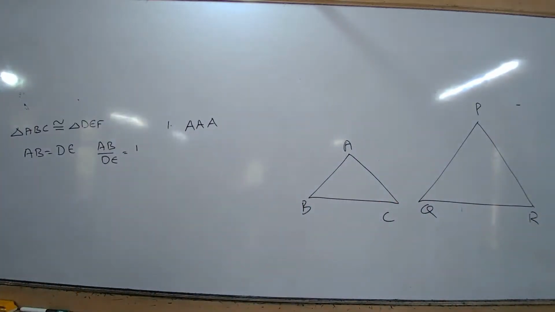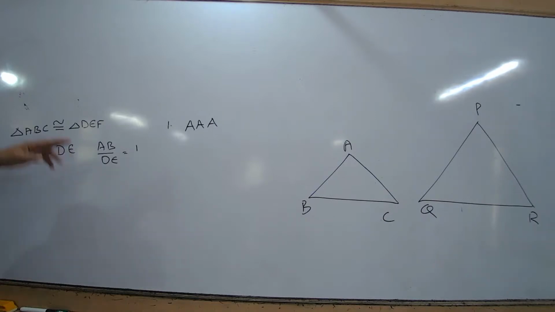Okay. Listen carefully, all of you. To prove these two triangles are similar by AAA, what should be given? Angle P equal to angle Q? Repeat. Start. To prove triangle ABC is similar to triangle PQR, what should be given?